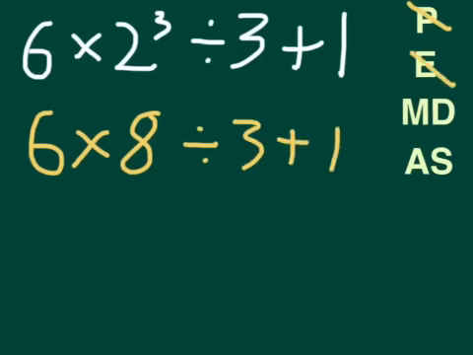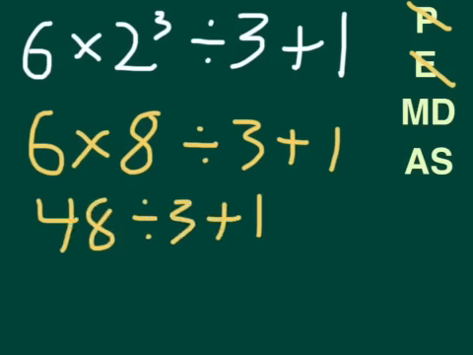Now, we're going to multiply or divide, but we need to do them from left to right. So the leftmost multiplication or division would be way over here, so that's what we're going to do first. 6 times 8 is 48, divided by 3 plus 1. Now we're going to continue doing multiplication or division from left to right till there isn't any left.